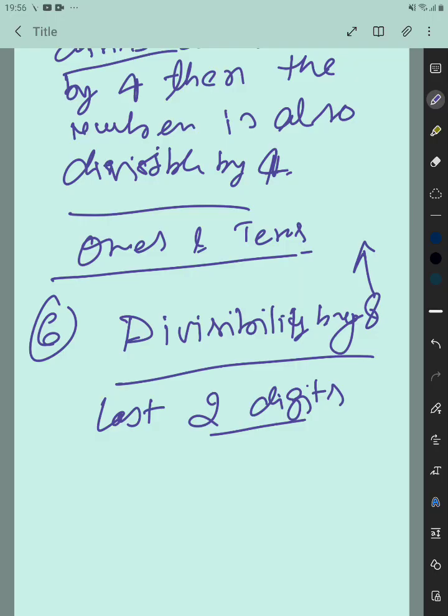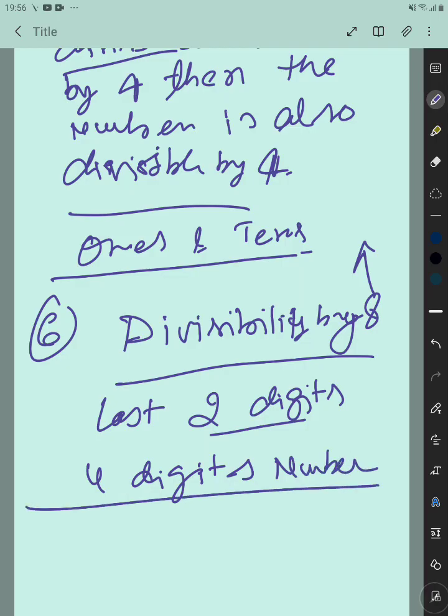We can make a certain pattern if a number is of four digits. A four digit number is required for making a pattern for divisibility by 8. If it is less than four digits, then we cannot make any pattern here.